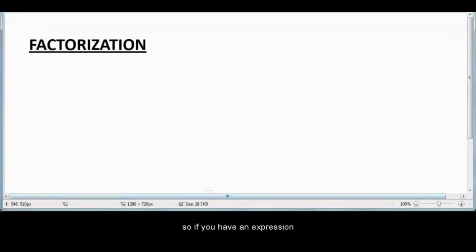So if you have an expression, say 8x squared minus 3 minus 20x plus 4.